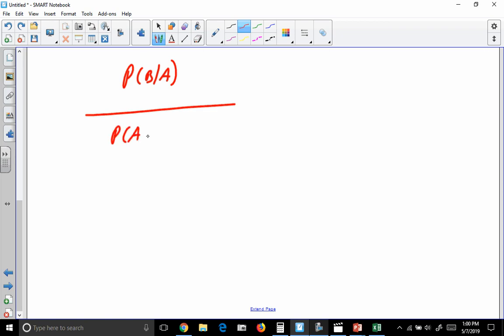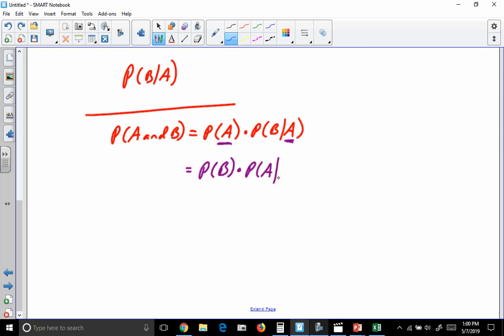If we want to find the probability of one event and the other event, it's the probability of one event times the conditional probability of the other event. And remember, we mentioned that whatever event stands by itself here, the other probability is based on that condition. So sometimes a book will write it this way as well. But A and B are just random names for events. So this is the standalone event.